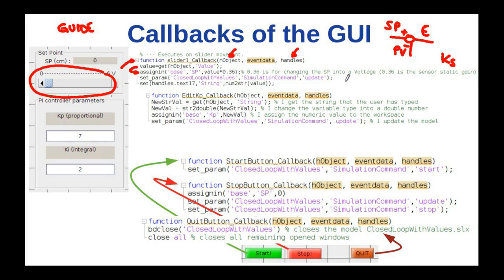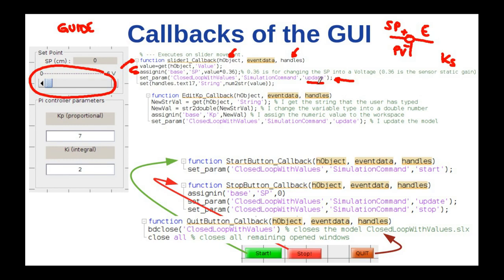Then this is mandatory, it's very important. Every time the user changes something and we get this value and assign it in the workspace, it's mandatory to do an update of the model. Because this way, when you set_param, the name of the model, simulation command update, the Simulink model will stop briefly for a while.